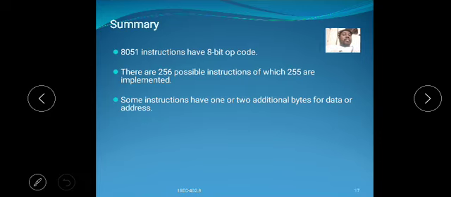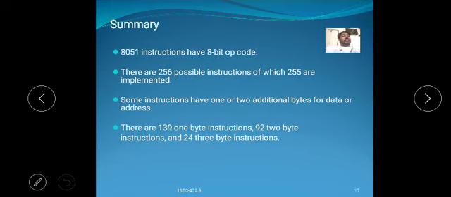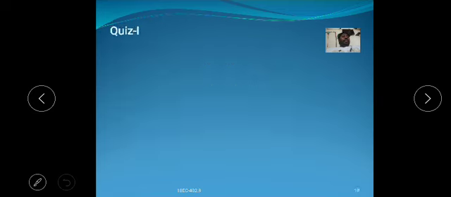Some instructions have 1 or 2 additional bytes for data or address. There are 139 1 byte instructions, 92 2 byte instructions, and 24 3 byte instructions.